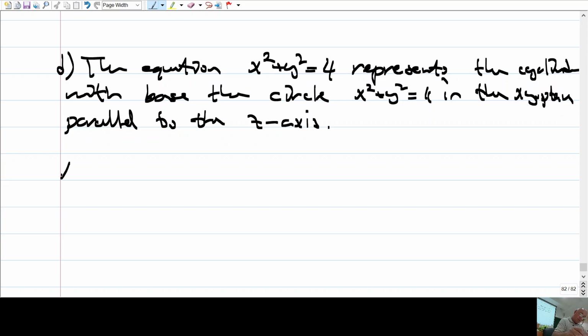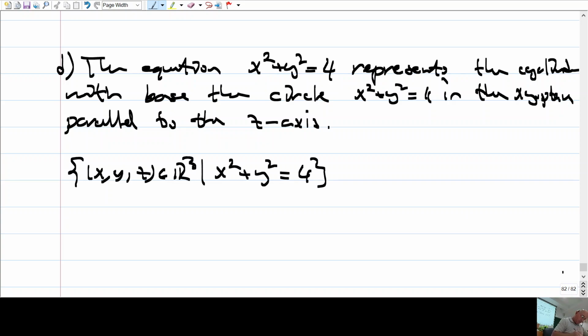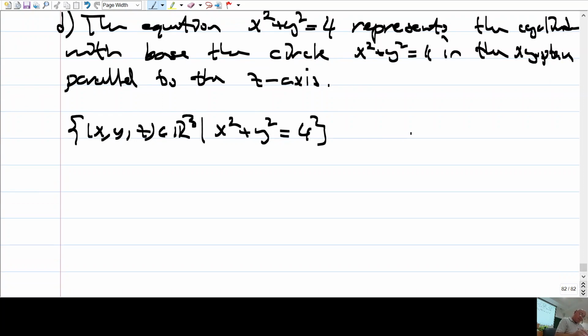Okay, so what is this equation? It represents this set of points x, y, z in 3 space, so that x squared plus y squared equals 4. Here you see there is no condition on z. Z can be anything, right?